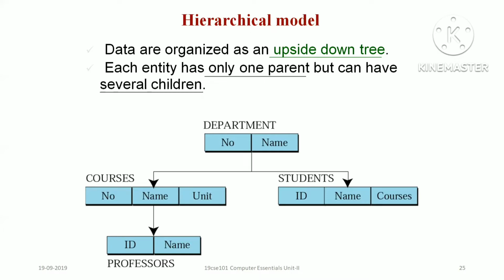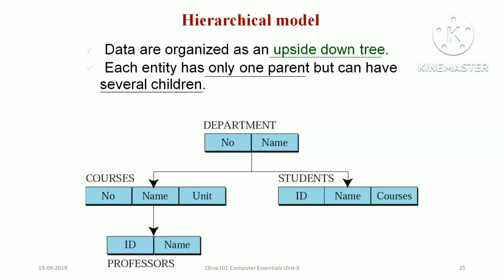Then after that, vice president, president, manager, supervisor. The arrangement goes like 1 after 2, 2 after 3, 3 after 4, moving top to bottom. This is the hierarchical model. In any organization, the arrangement of things like this is called hierarchical. Understood?